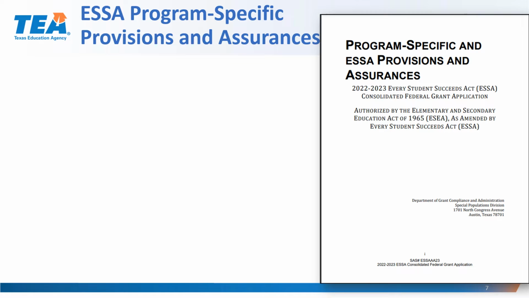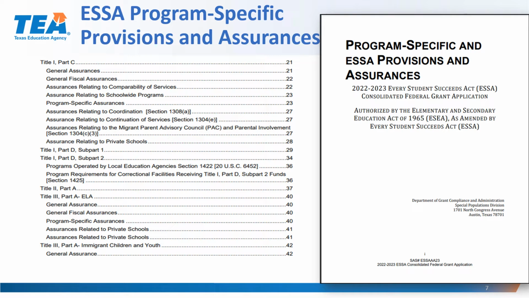Think of this as the fine print of a contract. You will definitely want to read it. These are the statutory program requirements that the LEA agrees to when they apply for federal funds. The section related to Title II Part A starts on page 37 of this document.